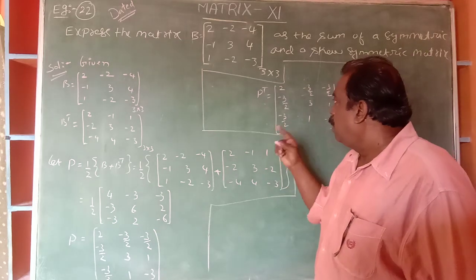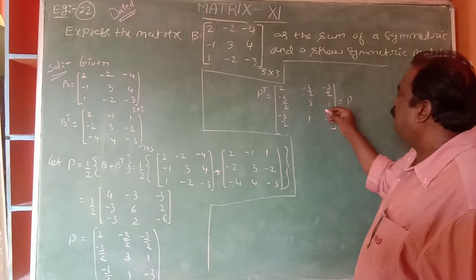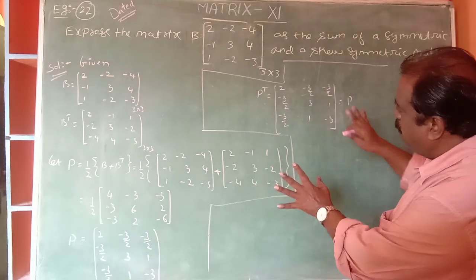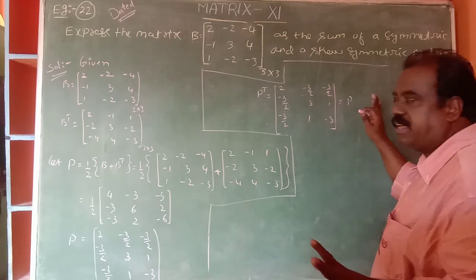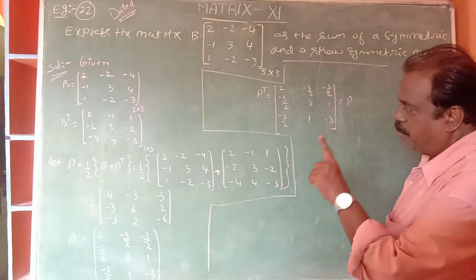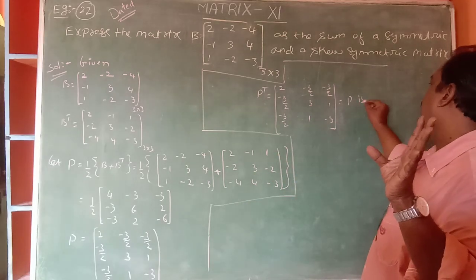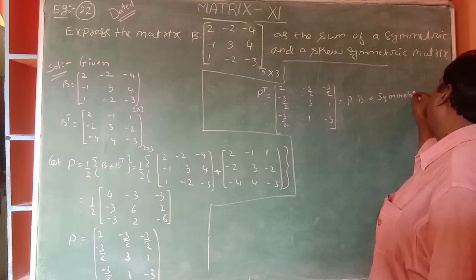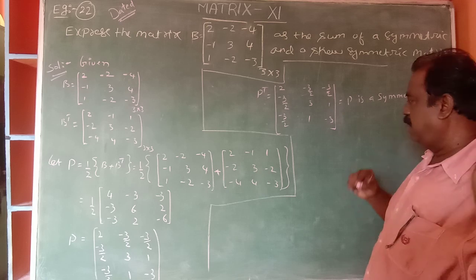Now, what do you see then? It is also P. It is the same, no change at all. Even though the rows and the columns are changed, we get again the same P. So P, what we consider, is symmetric. Will you agree? It is a symmetric matrix.